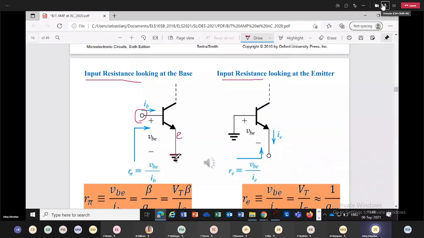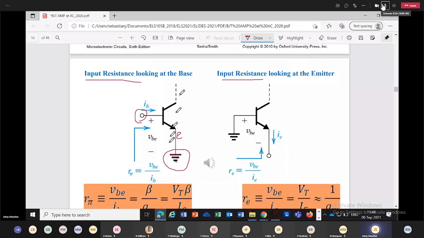Sometimes we use emitter as common, sometimes base, sometimes collector. Two of those are already here on the screen. In this case, emitter is common. Okay, input resistance looking at the base.